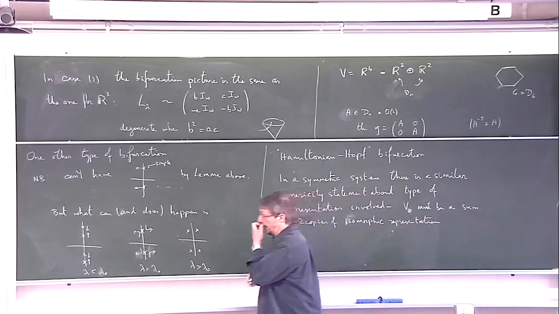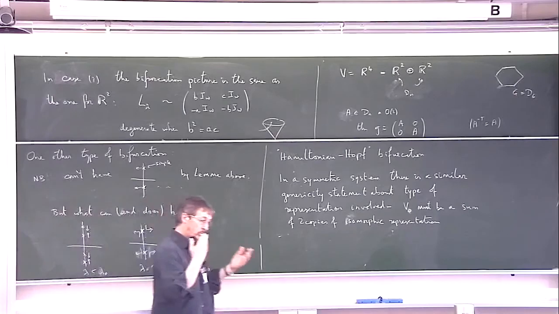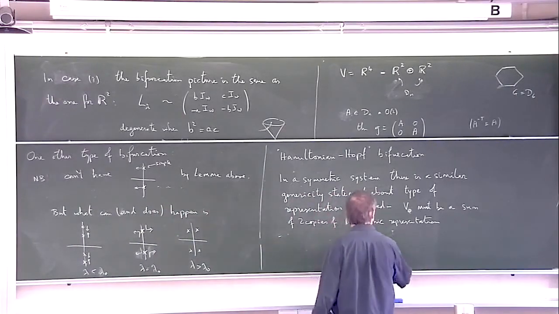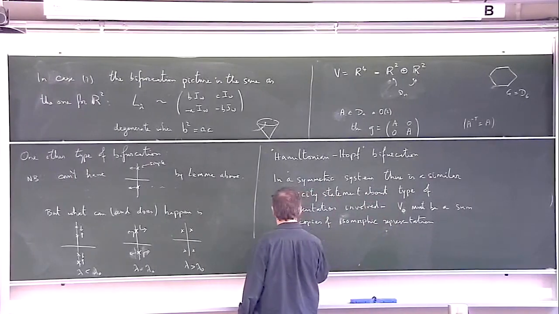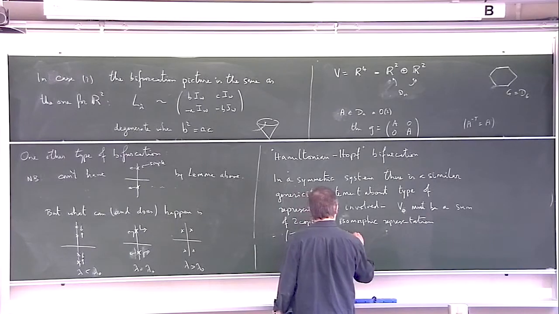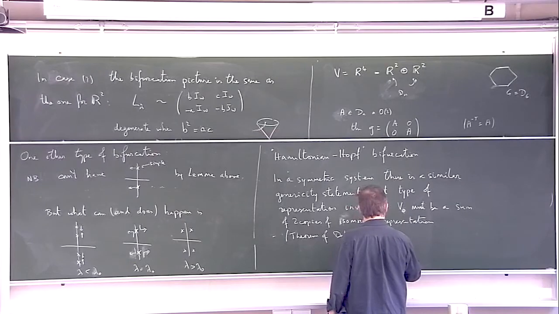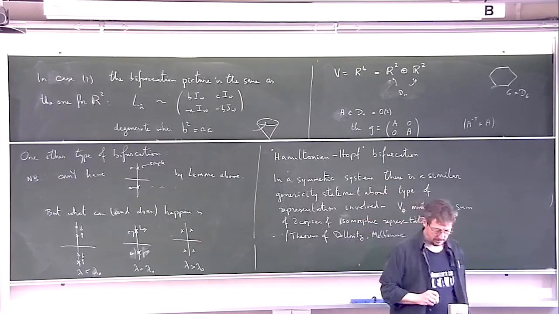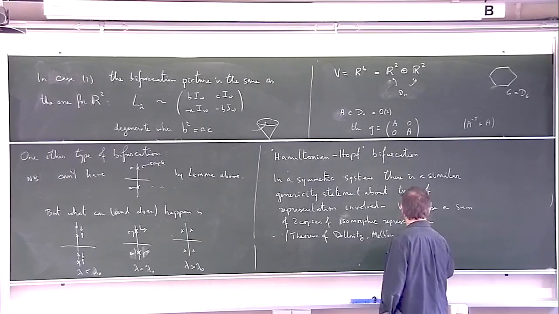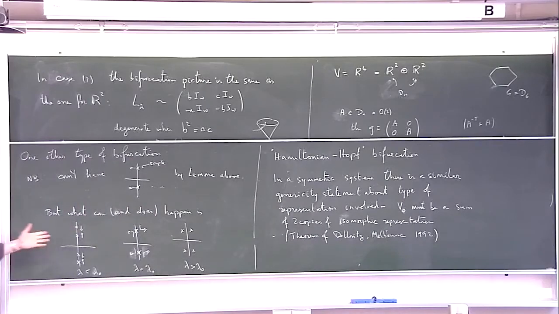So either in the real case, V is W plus W, or two complex ones or two quaternionic ones. This is a theorem of Dellnitz and Melbourne, I think, 1992. And one gets this sort of picture again.